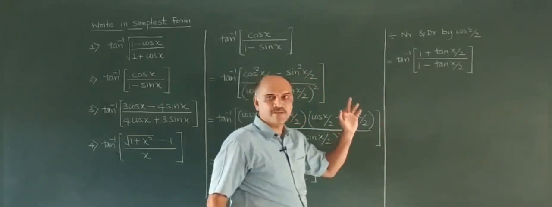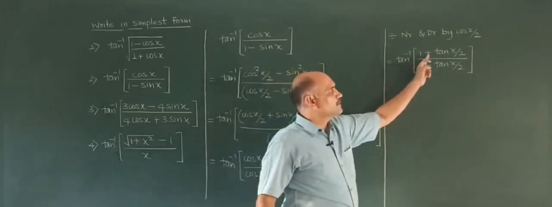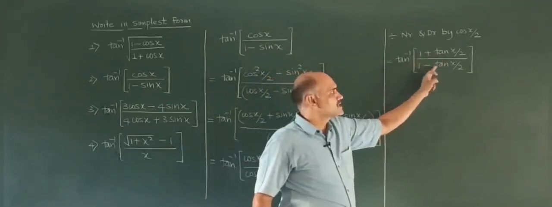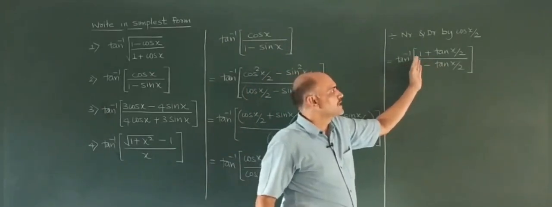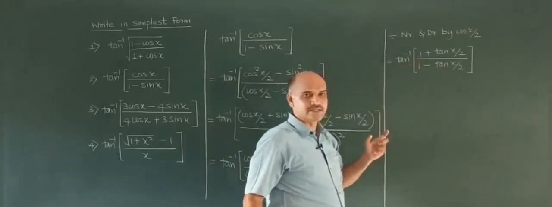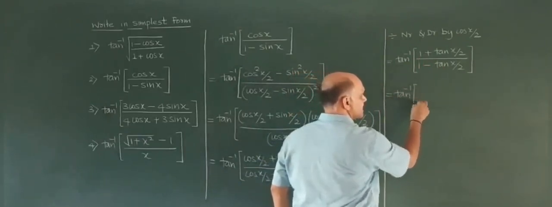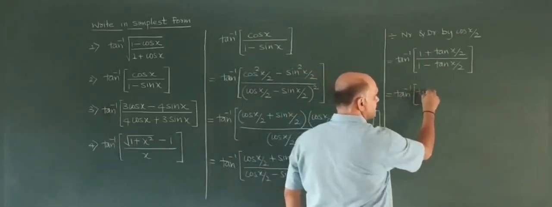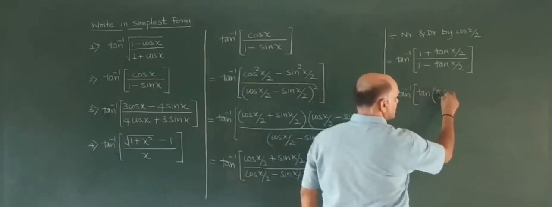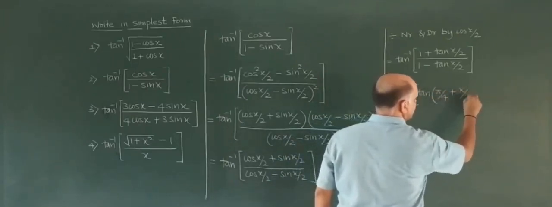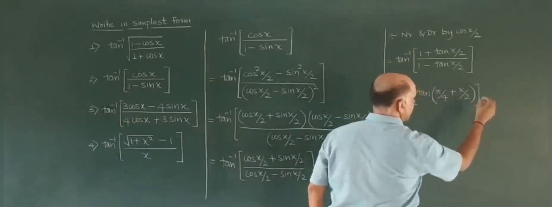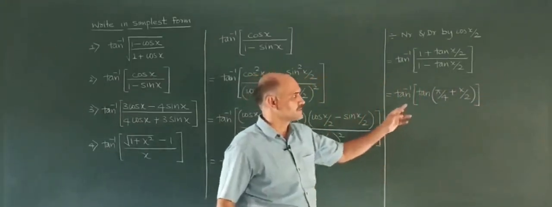Else, from first year, 1 plus tan theta by 1 minus tan theta is tan of pi by 4 plus theta. So this is written as tan inverse into bracket tan pi by 4 plus, in place of theta we have x by 2, tan pi by 4 plus x by 2.